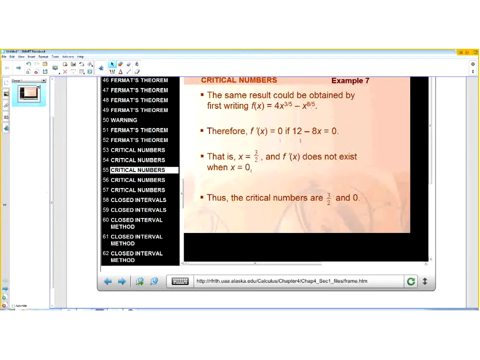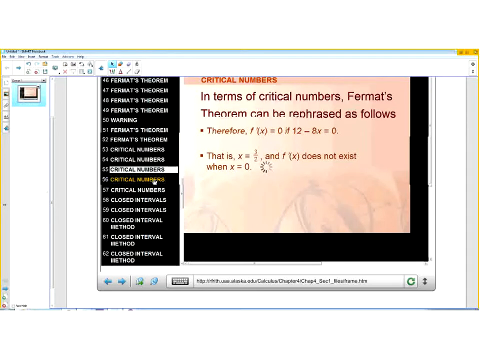And f prime of x does not exist when x is equal to 0. So we have two critical numbers. The x equals 0 comes from noting that the denominator is equal to 0 when x is equal to 0, so 0 is not in the domain of the derivative. So we have two critical numbers.